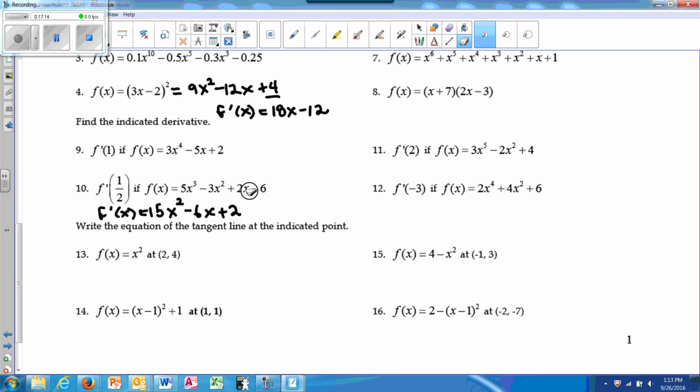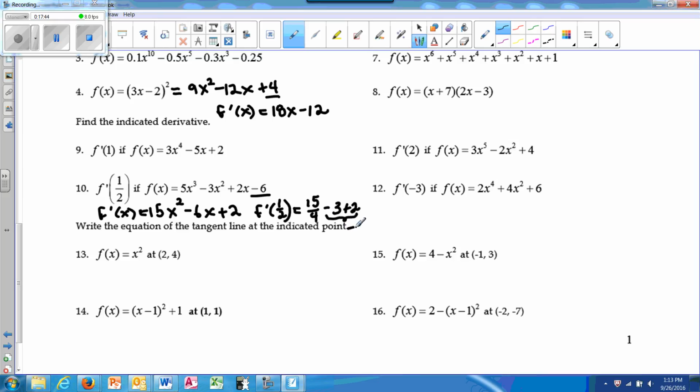So now these are pretty much the same, but they're asking for the derivative at a particular value. So for example, if we work to number 10, f prime at any x is 15x squared minus 6x plus 2x to the 0. So we're not going to list x to the 0. It would be gone. And the derivative of negative 6 is just 0.